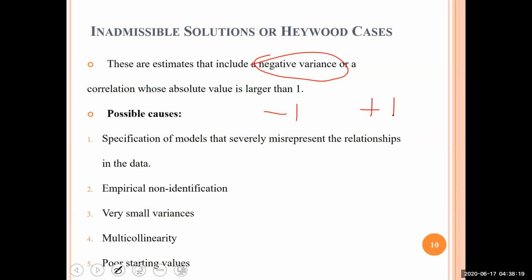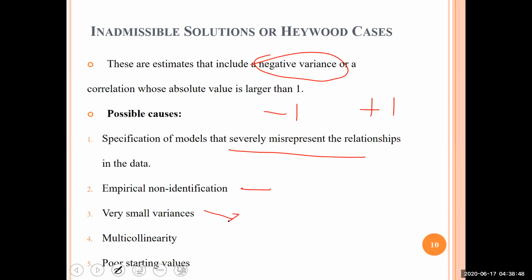What are possible causes of inadmissible solutions? You could have a model that's just very misspecified. Empirical non-identification is where some of your correlations that are expected to be non-zero because of the implied covariance matrix are actually 0 in the sample. So it's like you're missing information there.